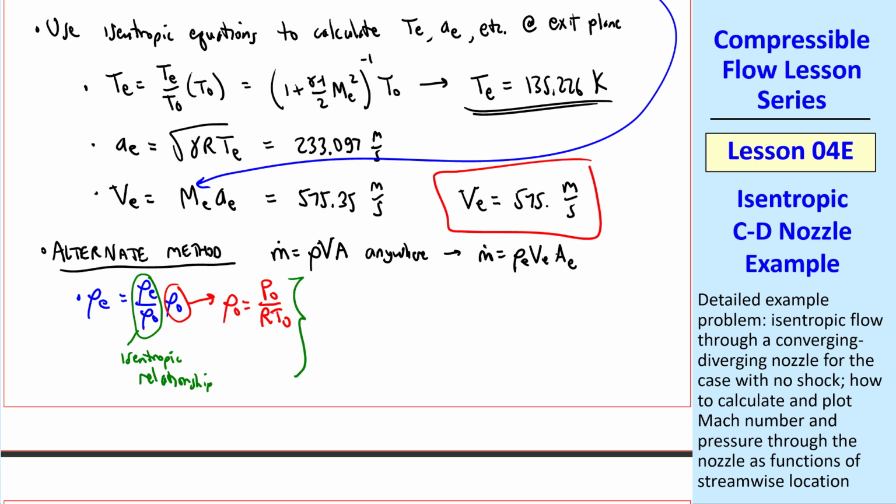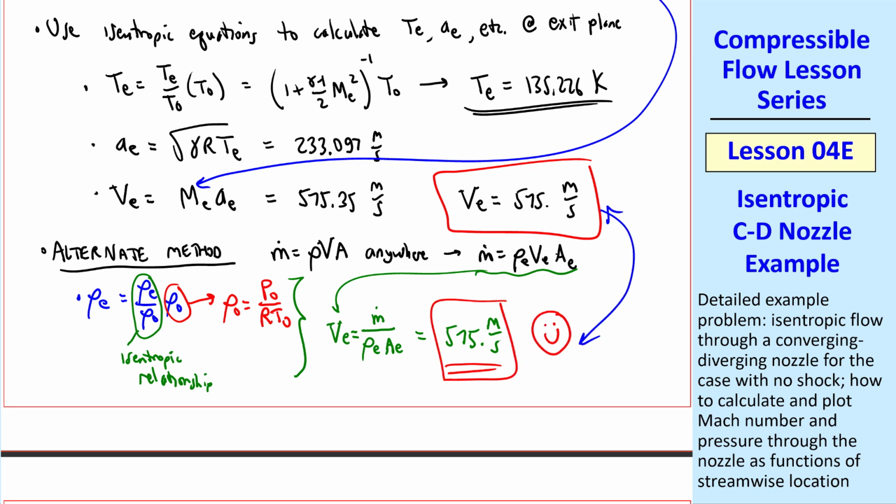And then taking these and solving for VE, where we also know AE from our table, we also get 575 meters per second. And as always, I'm very happy when we have this kind of agreement. I encourage students to work out all of the details that I left out in some of these calculations and make sure you can get my numbers.